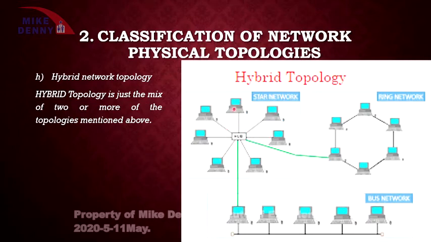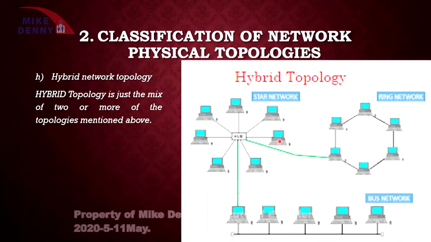All the computers are connected to a central component. You have a ring network. So this central component is also connected directly to a ring network and also connected to a bus network. So this is what we call hybrid topology.